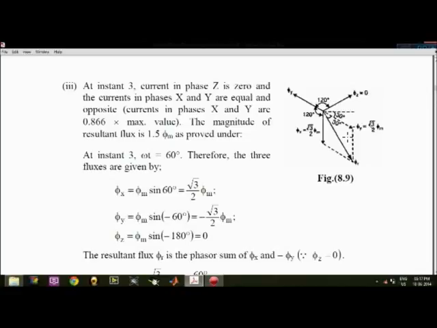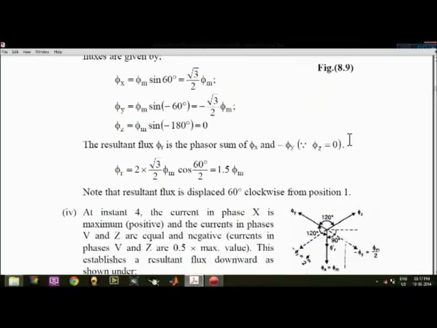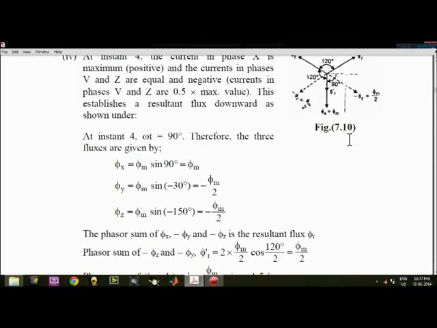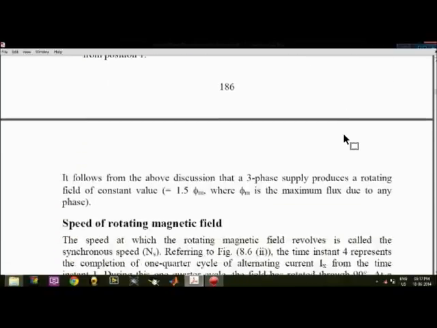In this case also, at omega t equals 60 degree, if we draw the fluxes and calculate them, we get these values. Here phi Z is 0, and by solving numerically you will get the same resultant flux, that is 1.5 phi m. So in this way we can get the maximum flux at several positions.